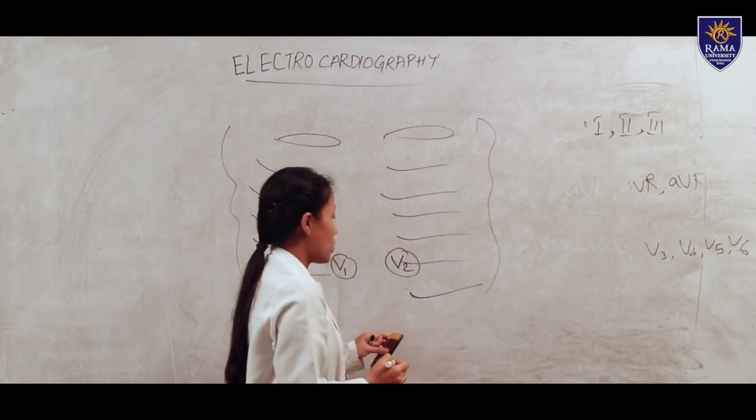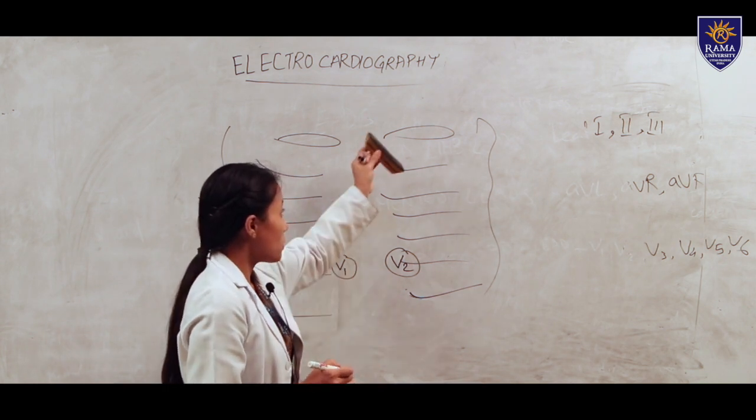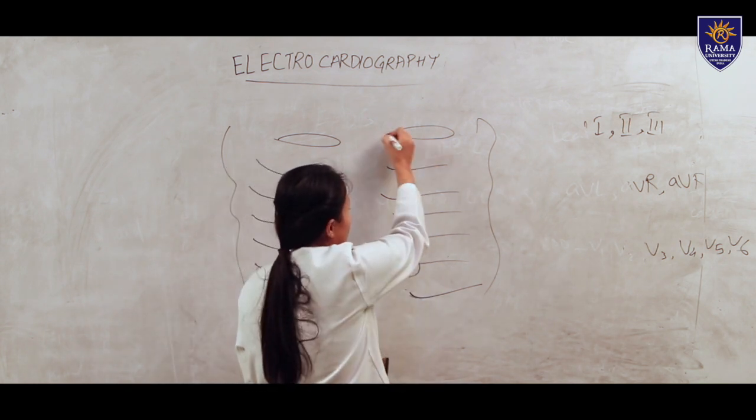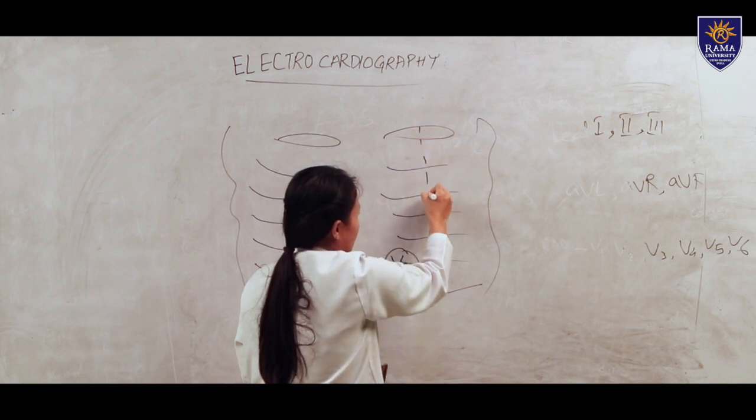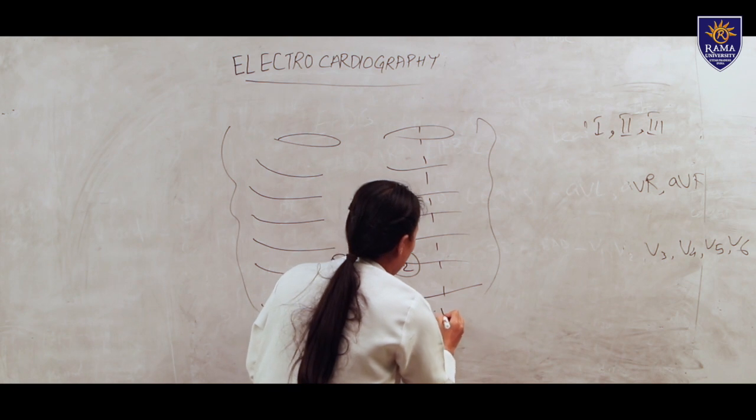Next V4. V4 will be kept at the 5th intercostal space of the mid-clavicular line. This is the clavicle and this line is known as the mid-clavicular line, at the 5th intercostal space.